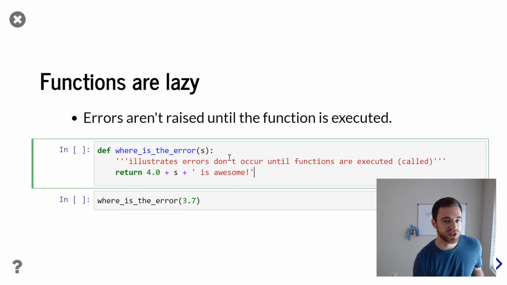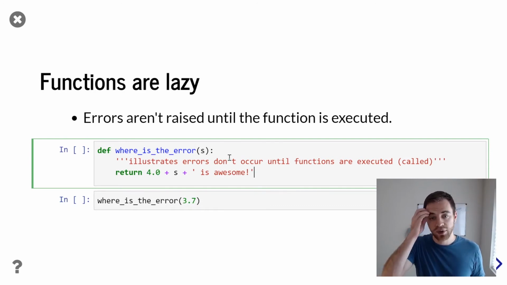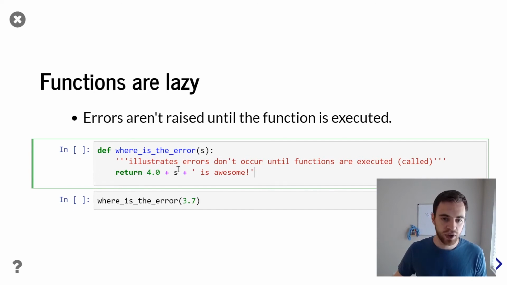So we said that functions are lazy, which means that the code within the function, the body of the function, is not executed until the function is executed. So remember this piece of code here, "for " plus s plus " is awesome". Let's actually make this even easier.